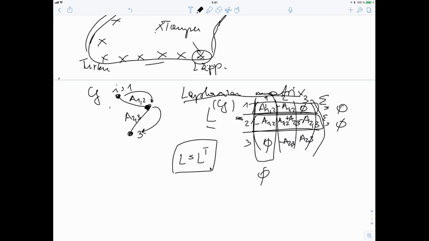In mathematical terms, we can formulate this as if you apply the Laplacian matrix to a vector that only contains ones, so this is also defined in the notation section of my lecture notes, this vector contains only ones, then you obtain 0.